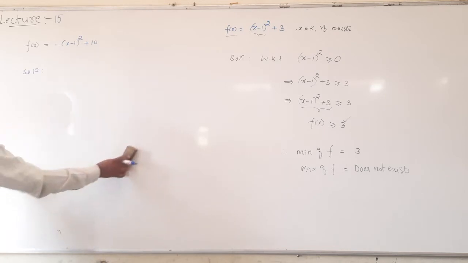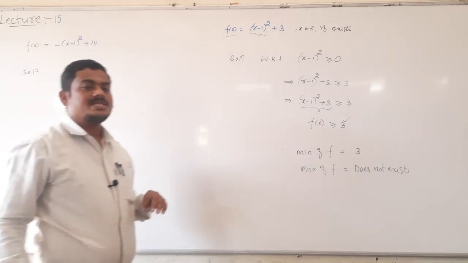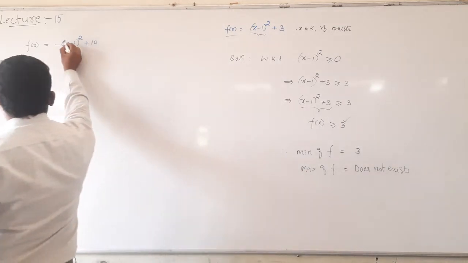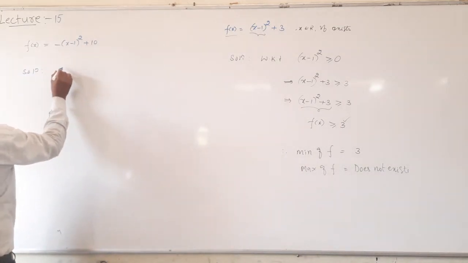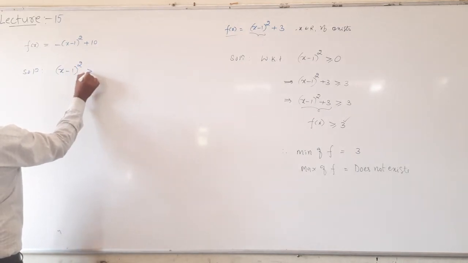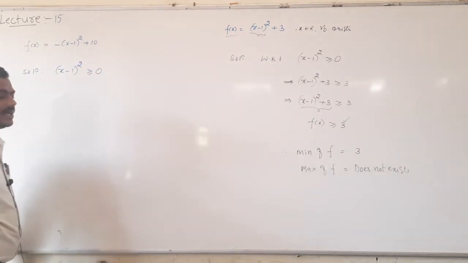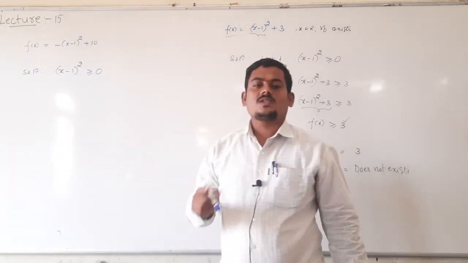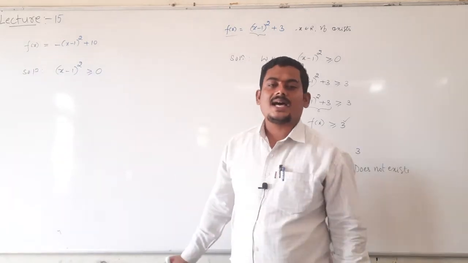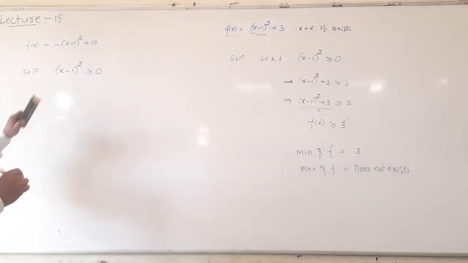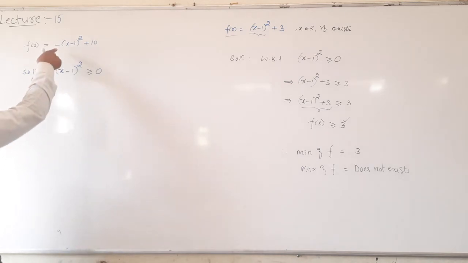Just look at the given function. In the given expression, which one is the known value? Here the known value is x minus 1 whole square. x minus 1 whole square is always greater than or equal to 0. But our requirement is minus of x minus 1.